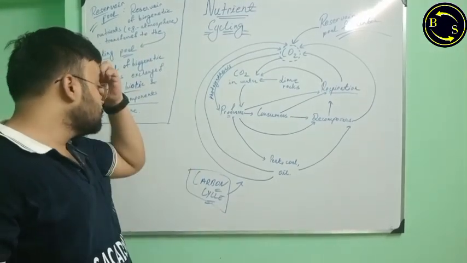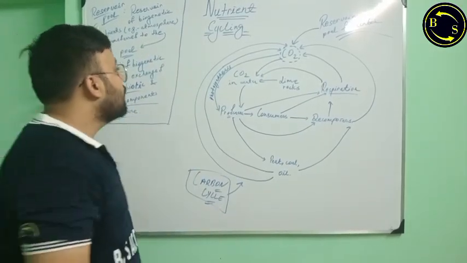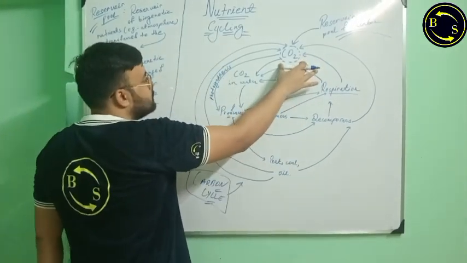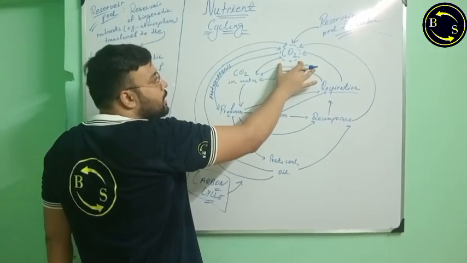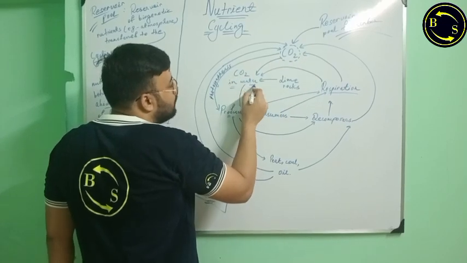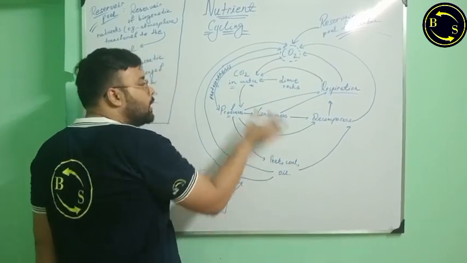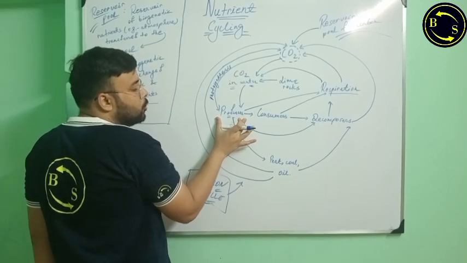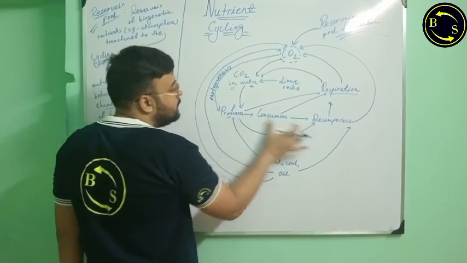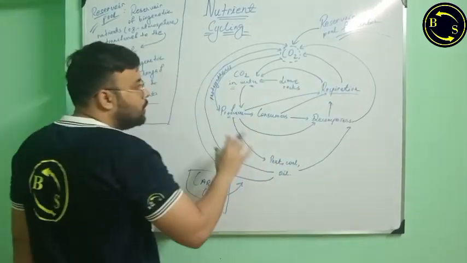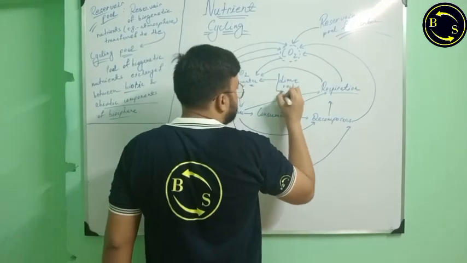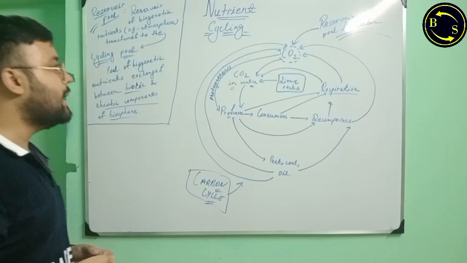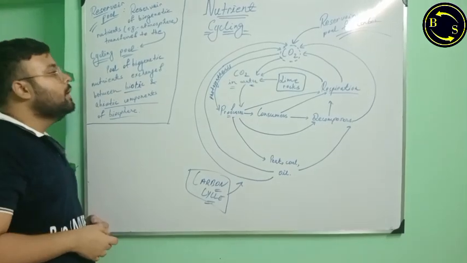Okay, and some atmospheric carbon dioxide gets dissolved in water, in the water bodies, and aquatic plants absorb those dissolved CO2, those dissolved carbon, and this is again repeated. Okay, some lime rocks, the limestone caves contain the lime rocks in the form of stalactites and stalagmites.